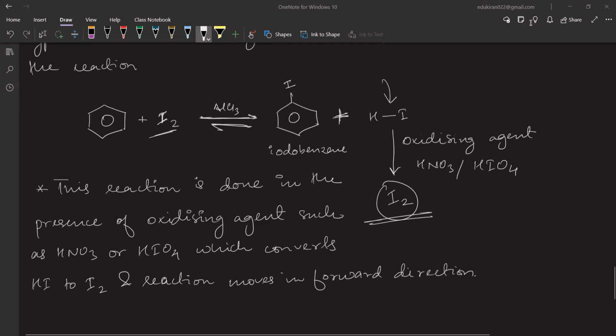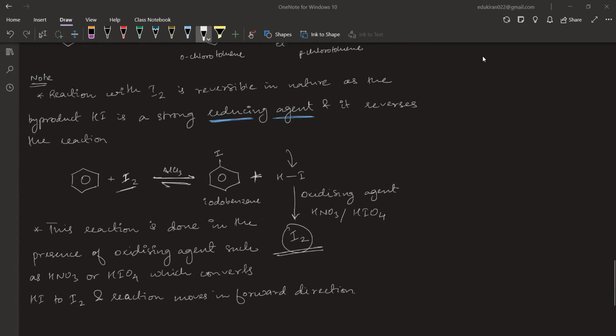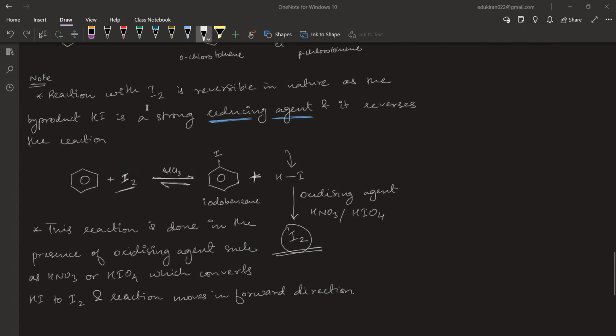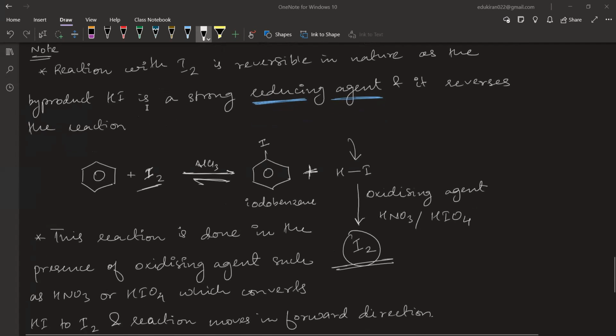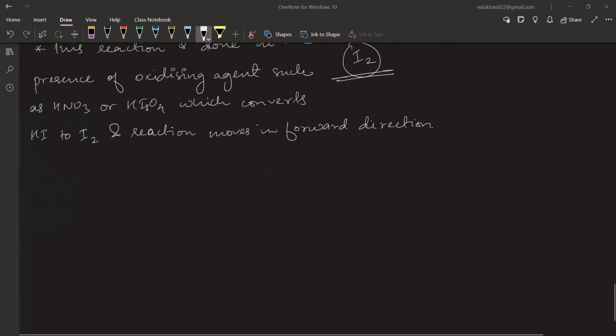Yes or no? Please tell me. Yes, sir. Yes, ना ऊपर वाला भी लिख लिया. Reaction with I2 is reversible in nature. All of you wrote the above point. Yes or no? Yes, sir.